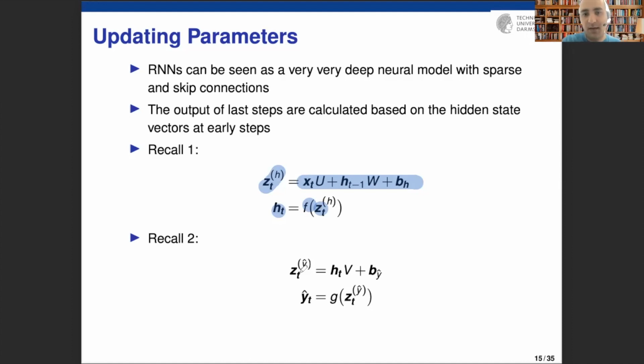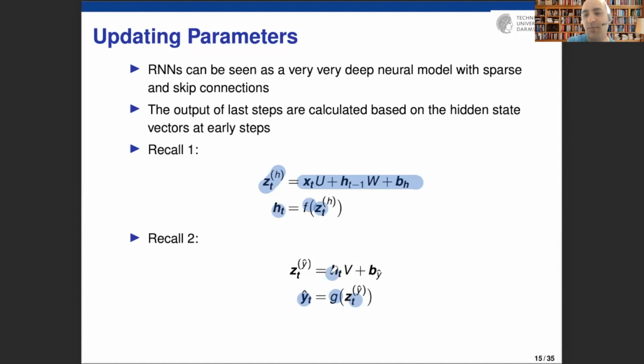And the other thing is the way that we calculate the output, y hat. y hat is also the output of an activation function over the linear representation of the hidden state.